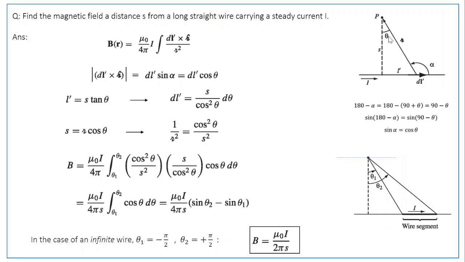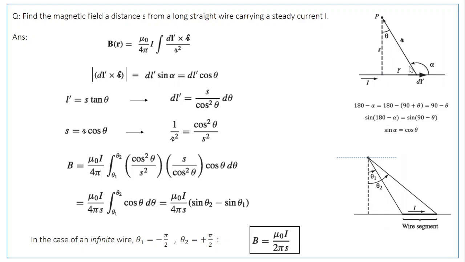You have another angle theta, which is the angle between s vector and r vector. So it's more practical to define everything in terms of theta here, because this is the angle between the vectors of interest here. So how do we convert alpha into theta? Look at these two angles here. Since this is alpha, this angle is 180 minus alpha, right? When you come inside this triangle, this is theta, this is 90 degrees.